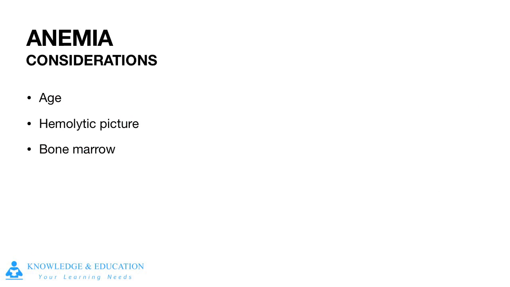Some anemia considerations: whenever you have patients with low hemoglobin, think about what the next step is. The age is very important. In neonates, think about neonatal anemia secondary to ABO mismatch, etc. In younger patients, you think about inherited anemias, like hemoglobinopathies, G6PD, pyruvate kinase deficiency, and these kinds of things that manifest as anemia.